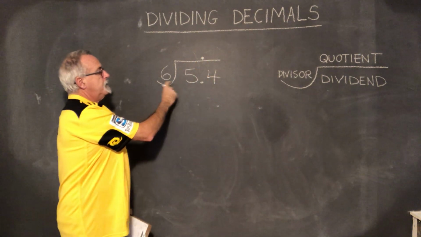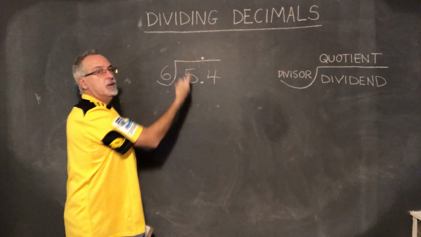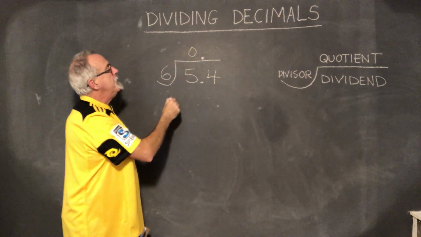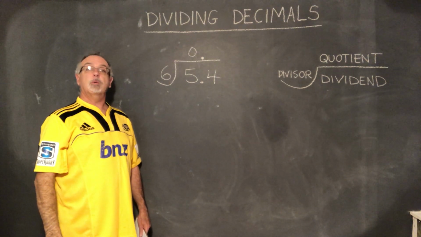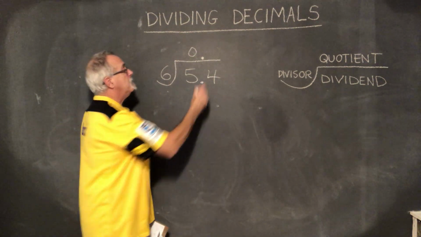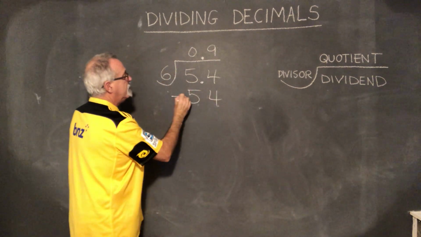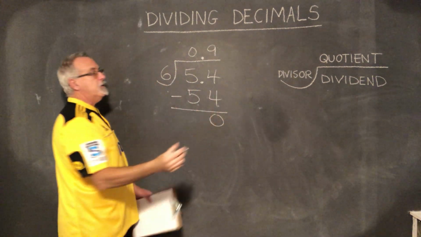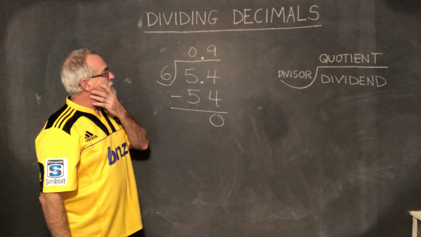I say, does 6 fit into 5? No. So I'm not putting anything there, or I could put a 0 placeholder there. Does 6 fit into 54? Yes. 6 times 9 is 54, which we all know if we know our multiplication tables. So 9 times 6 equals 54. I subtract, I get a 0, that means I finished. 0.9 was my answer. It didn't actually get much harder, did it?